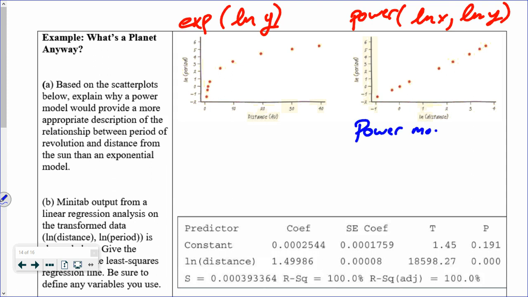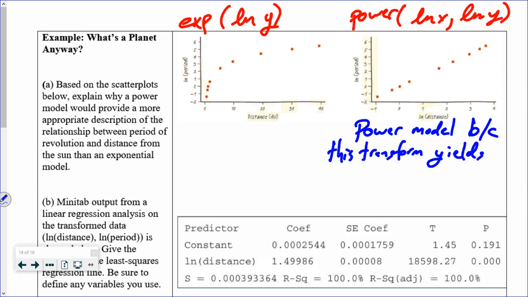Power model, because this transformation yields a clearly or an obviously linear model. We want something that looks linear. That way we can use the tools of least square regression to make our prediction. If we don't have linearity, we can't do anything. So it's a power model.